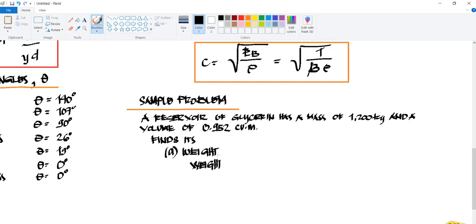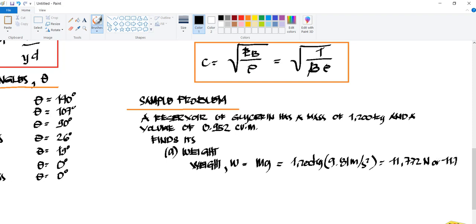Your weight W is equal to the mass times the gravity, where our mass is 1,200 kilograms multiplied by your gravity, 9.81 meters per second squared. Using your calculator, we have 11,772 Newton, or equivalent to 11.772 kilonewton.